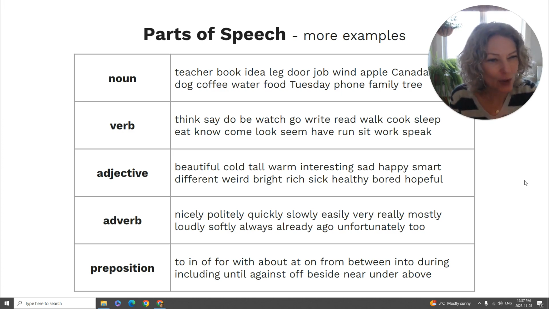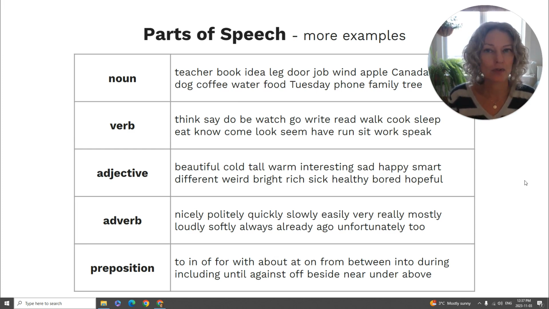And let's see if you can come up with another example of a person, place, or thing. Whenever you're trying to think of examples, I recommend that you think of your own life. Think of a person, place, or thing that's important to you in your life.